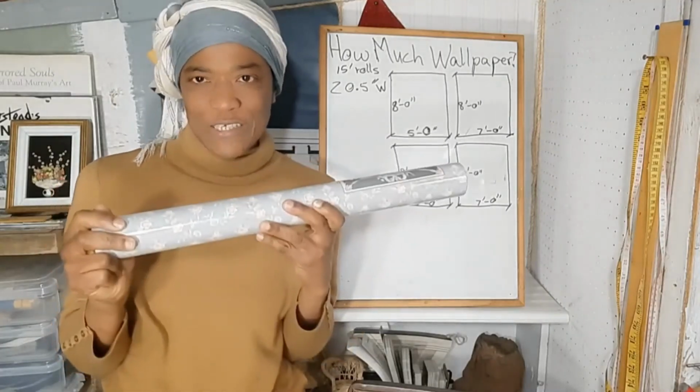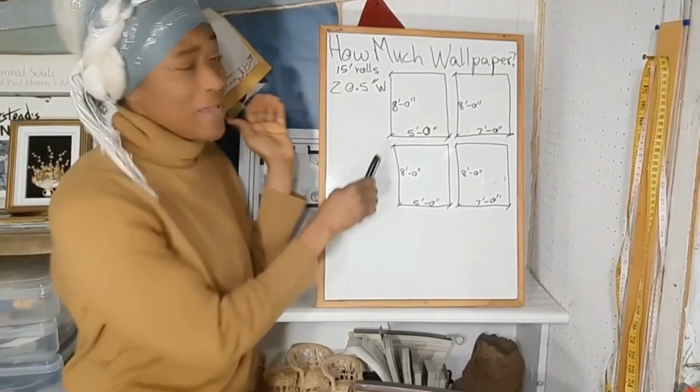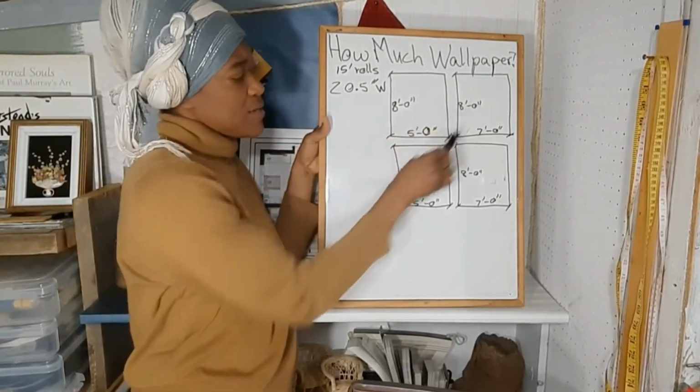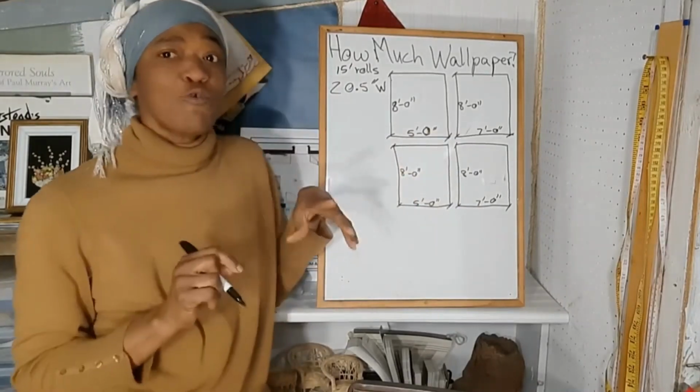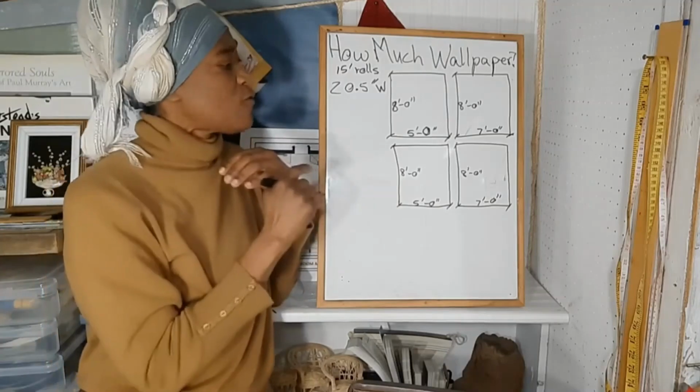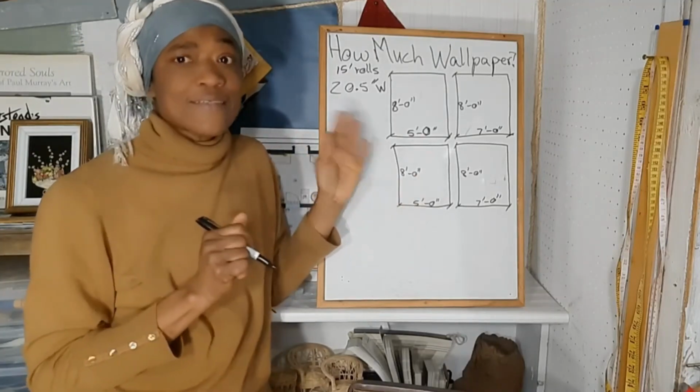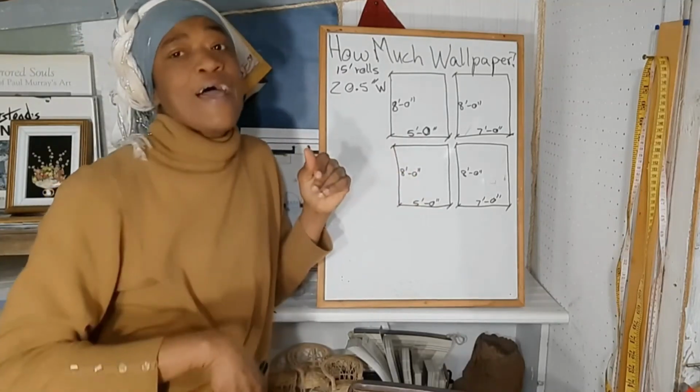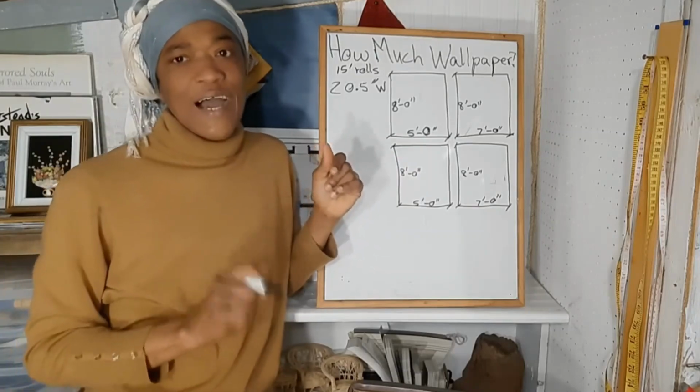20.5 inches. On my whiteboard here, these boxes represent a room that's 5 by 7 by 8. So 5 feet on 2 walls, 7 feet on 2 walls, and 8 feet high.